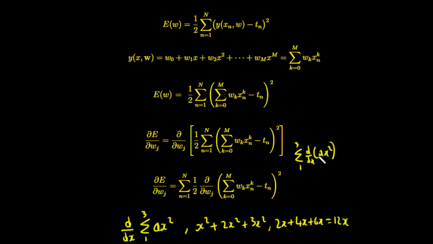So in this instance here, we can go through the differentiation first and then do the summation. So we would have 1 to 3. Whenever we differentiated that, we would have 2ax. And then we put the values for a in, so that would give us 2x plus 4x plus 6x. Again, would give us 12x. So in this instance here, it doesn't matter whether the differentiation is outside the summation or inside it.